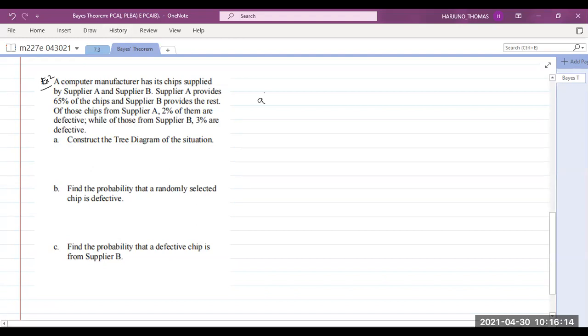Now, part A: construct the tree diagram. So it's either from A or from B. 65% from A, and the rest, which is 35%, is from B. Of those from A, 2% are defective. It's not that they purposely give us something defective. Most of the time, they don't even know.